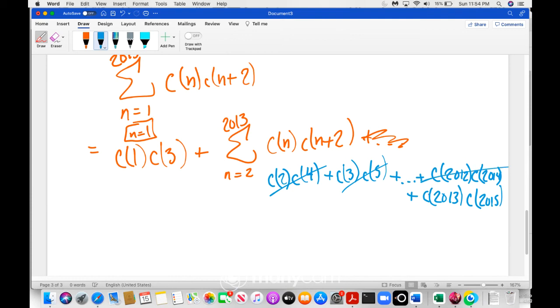Okay, but these are also going to cancel out. So this whole thing is 0, but we're not done yet because we still have to evaluate C of 1 and C of 3.